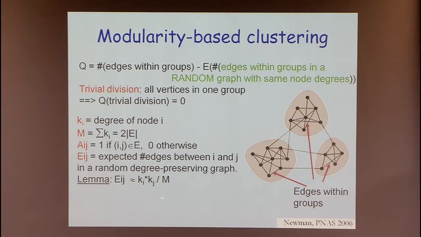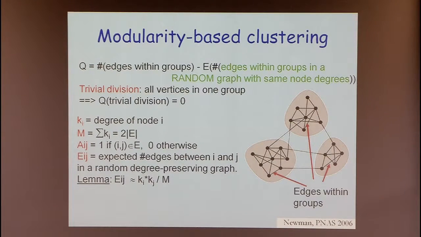And the main lemma that we need in order to really compute this function is the fact that the expected number of edges between i and j in a random degree preserving graph is approximated well by the degree of the first vertex times the degree of the second vertex over 2 times the number of edges in the graph.